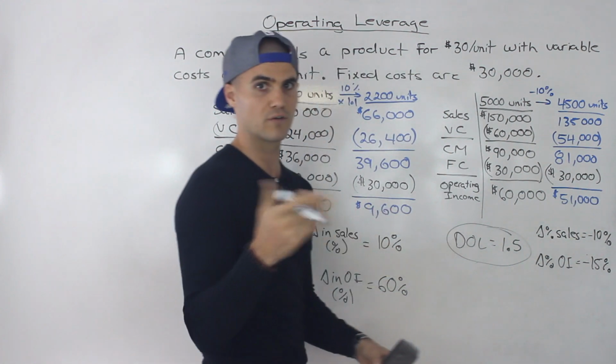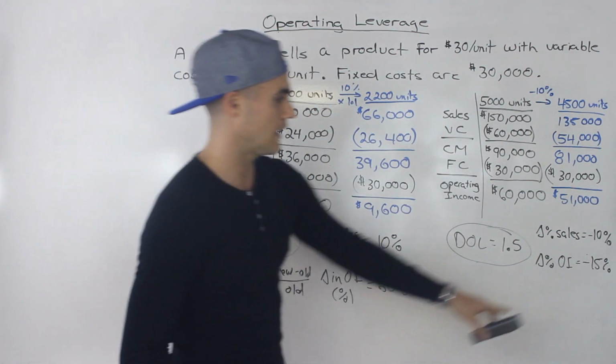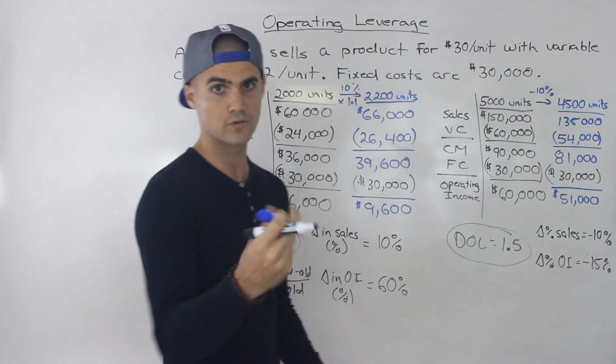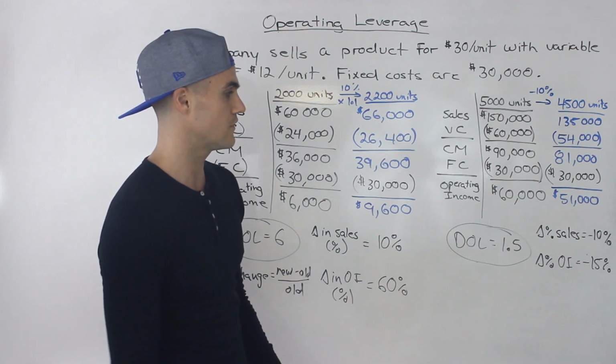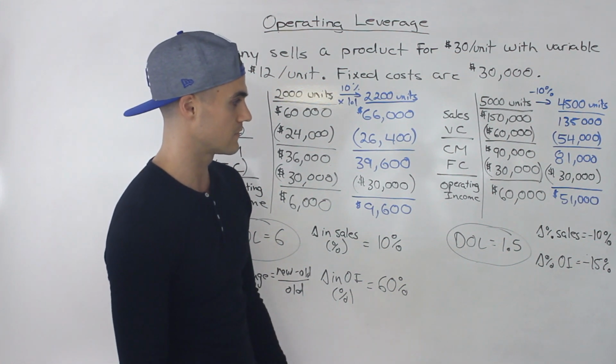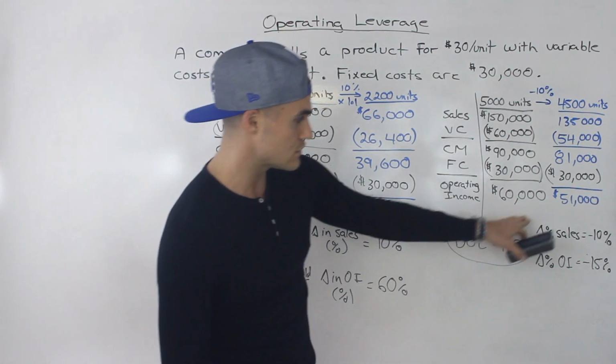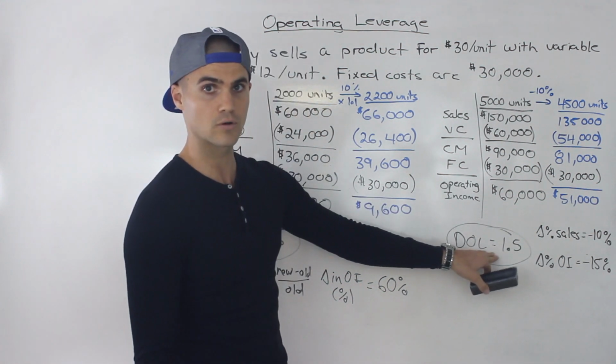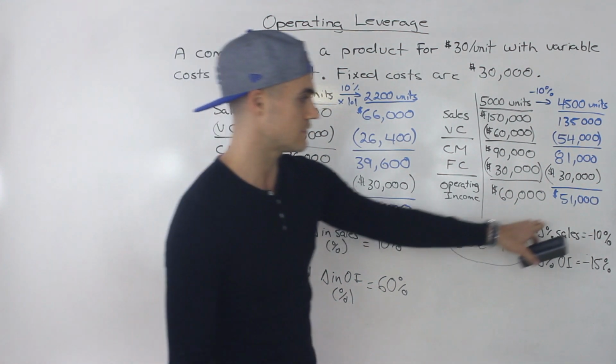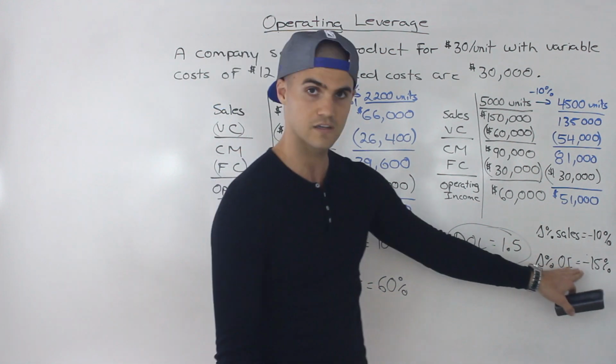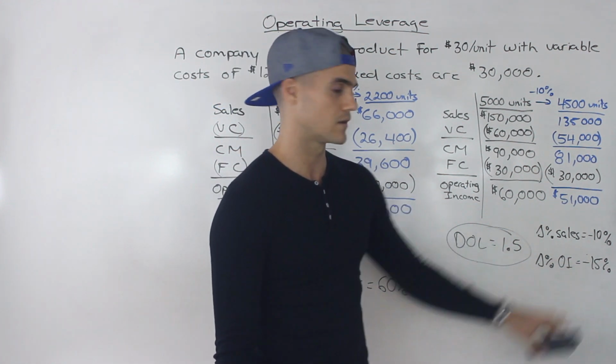You would get negative 0.15 in your calculator, and when you convert that to a percentage, that gives you negative 15%. And so notice that these two relate by that degree of operating leverage, 1.5. Negative 10 times 1.5 gives us negative 15, right?